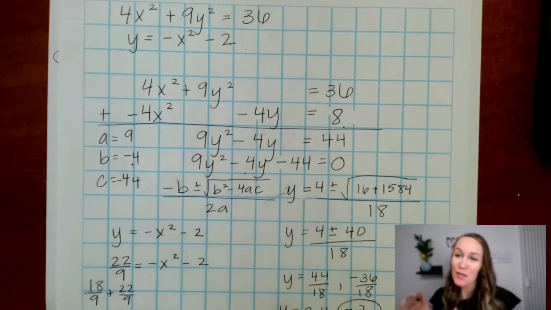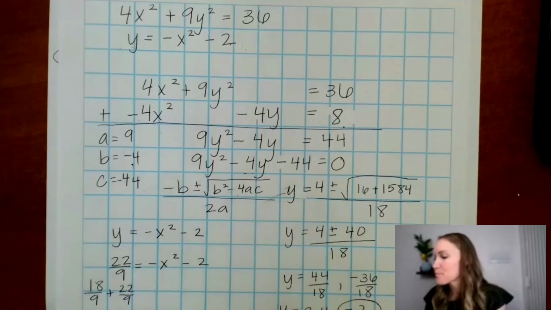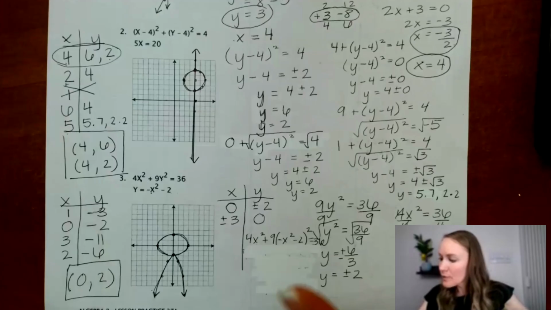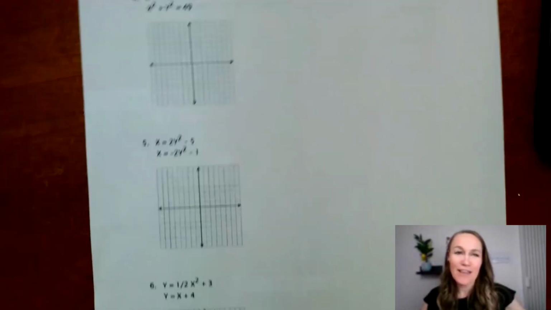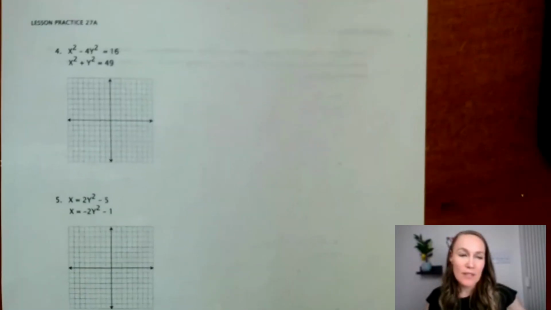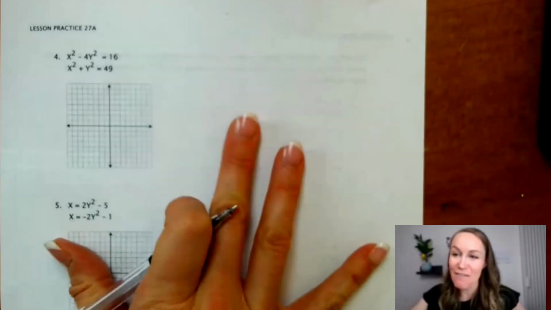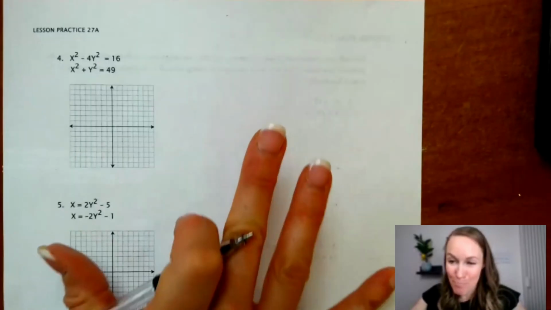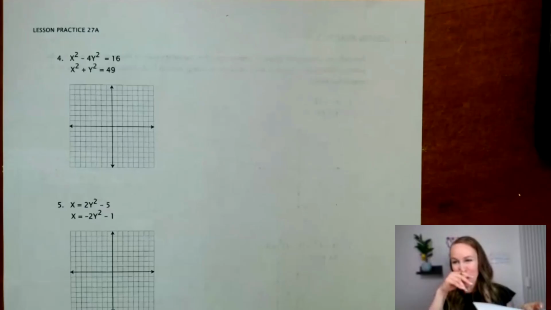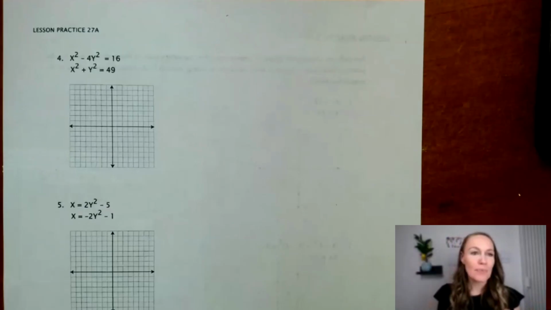I know these are long, but this is really great practice to solve these really involved math problems. And that's what I would say this worksheet especially is, a very long and involved math problem. Okay, let's do the next one.